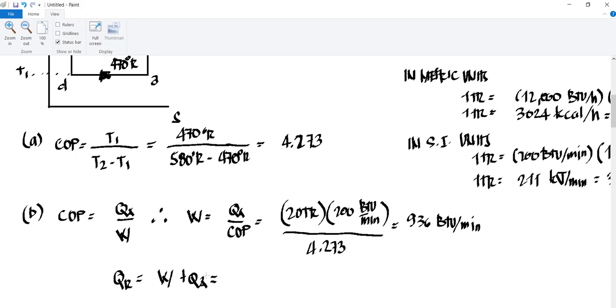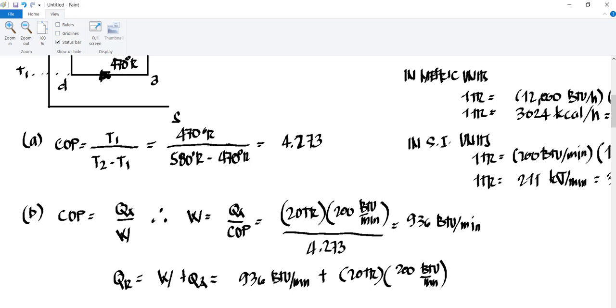Now we have the values for your work, which is 936 BTU per minute. Now we're going to add the Q absorbed, which is 20 tons of refrigerant times 200 BTU per minute for 1 TR.